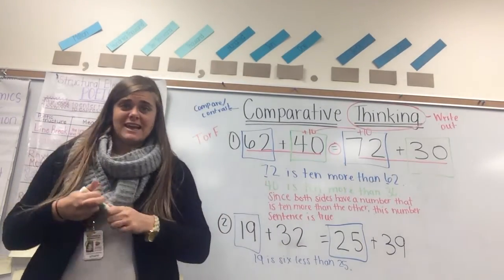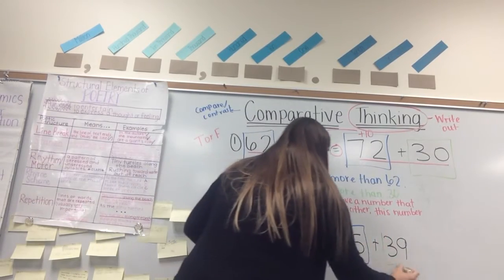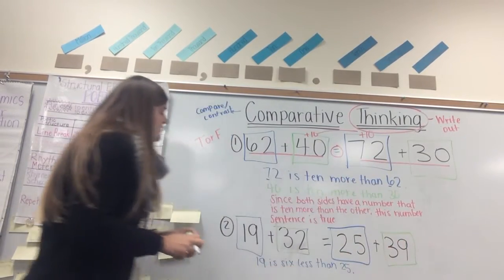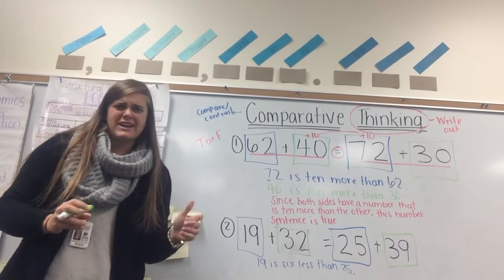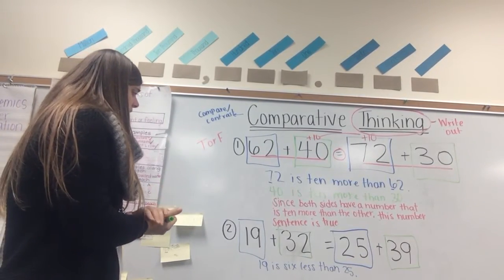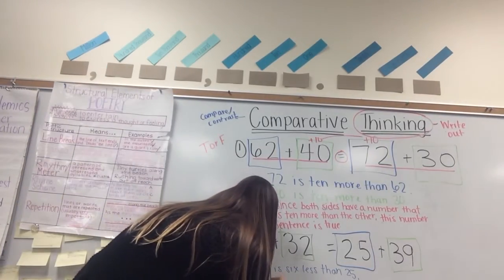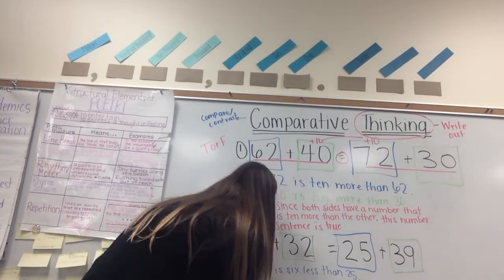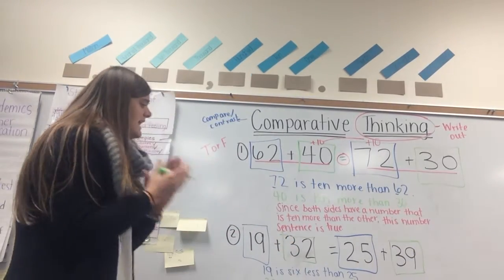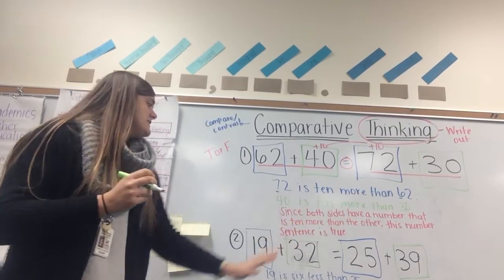Now I'm going to look at the second numbers in the equation. Okay, so we have 32 and 39. So 32 is how many less than 39?